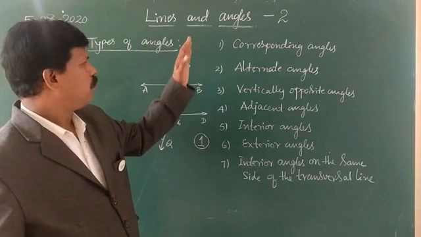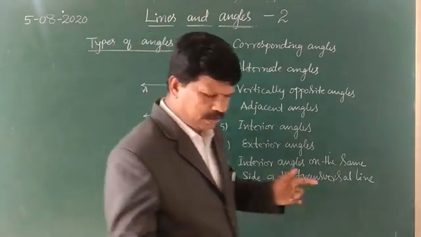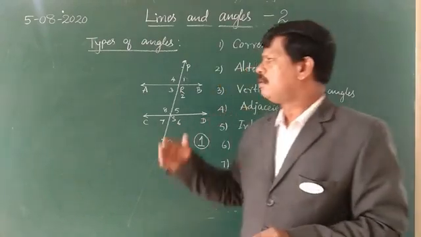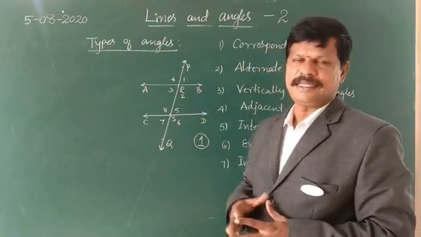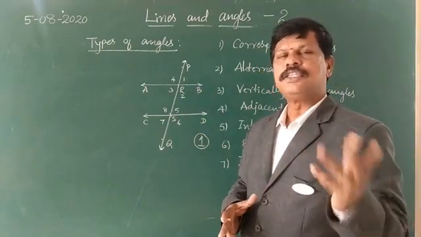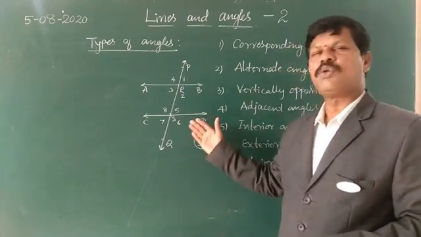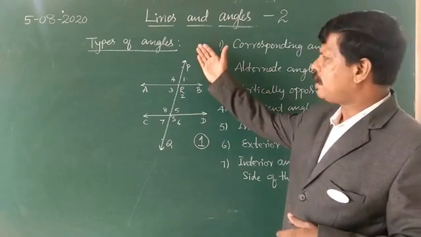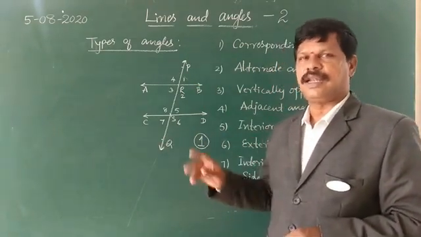And also we studied the transversal line. Which one is called a transversal line? A line intersecting two or more lines at distinct points is called a transversal line.